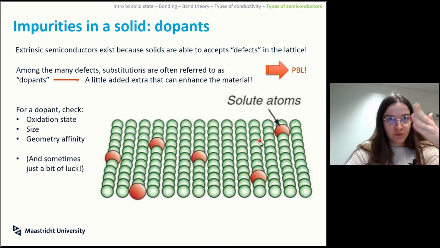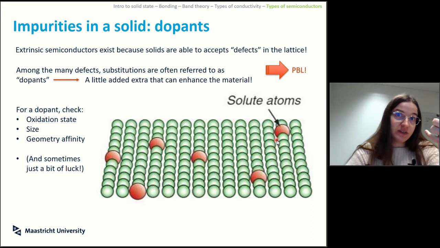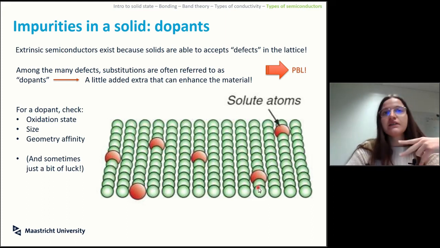For a dopant to be able to do the thing that you want it to do, you need to check how big it is. What is the oxidation state in comparison to all the rest of the atoms? What is the geometry that it likes to have? So what is the coordination that it would like to acquire? Because if it's exactly the same as the coordination that you have available in your material, then it's Gucci.